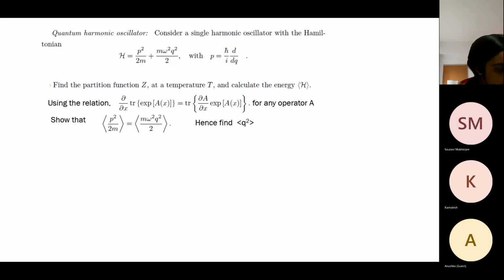Can you try solving? So partition function means it would be a summation over all values of n of e to the power minus beta En, right?